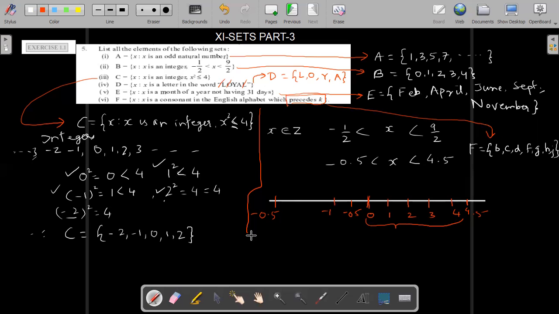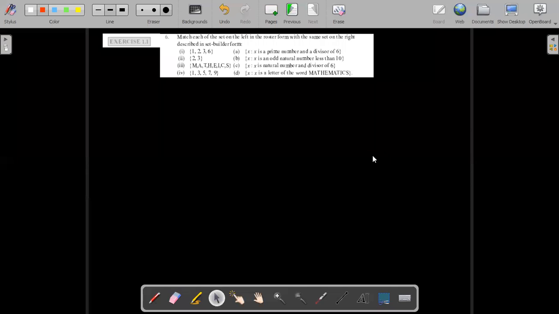Okay, this is question number 6. Very simple. We have to match the column roster form with set builder form.